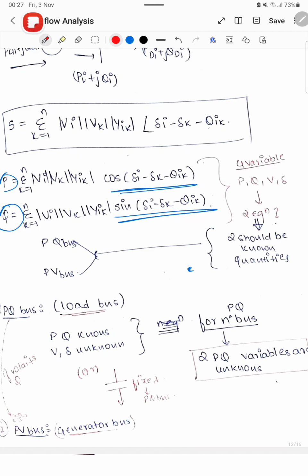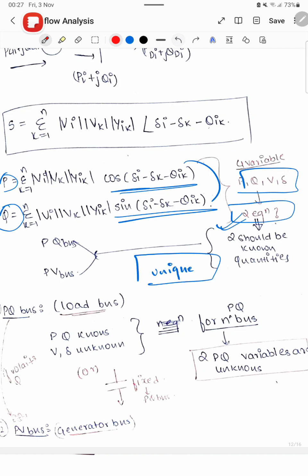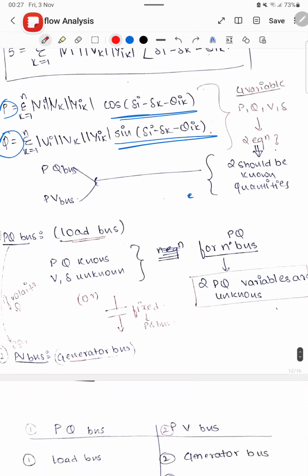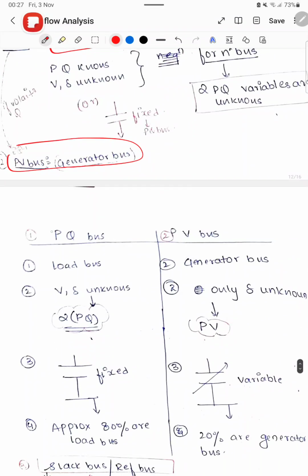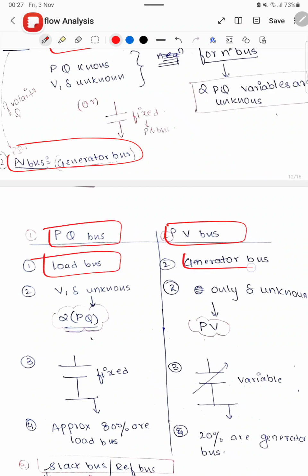So the 2 known variables could be either P and Q or P and V. Okay, and using that only we have divided the buses into PQ and PV bus. Now PQ bus is called the load bus and PV bus is called the generator bus. In PQ bus, P and Q are known, in PV bus, P and V are known.